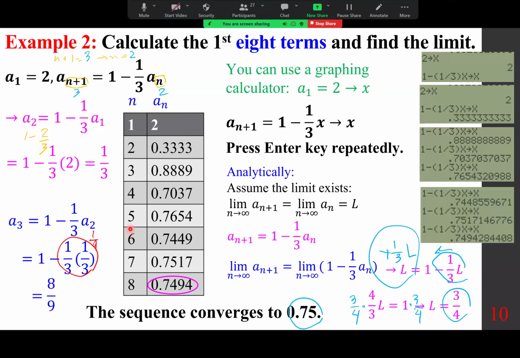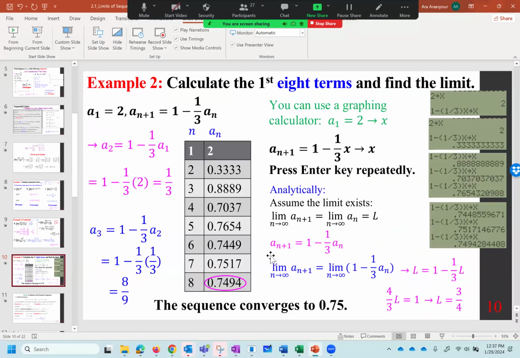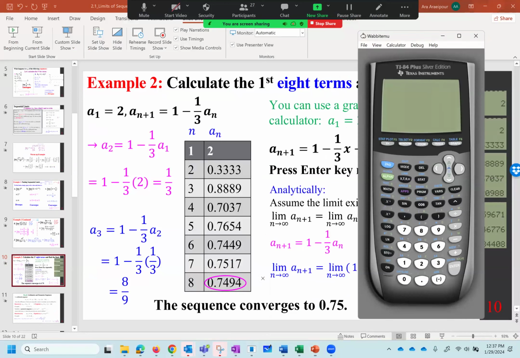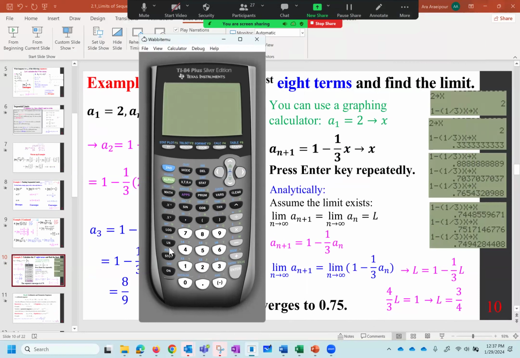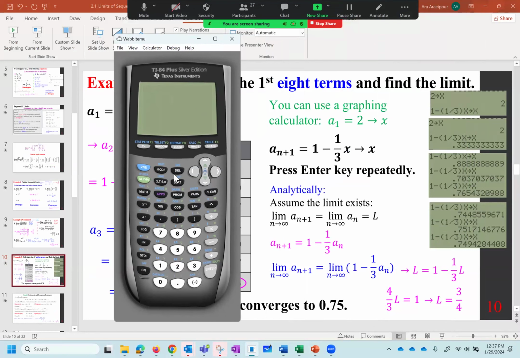What I want to quickly show you, if we want to use this calculator in the manner that I mentioned, we put a sub 1, which happened to be 2, into x.